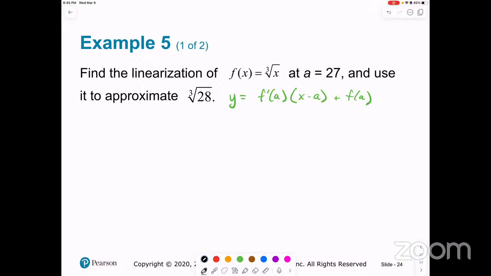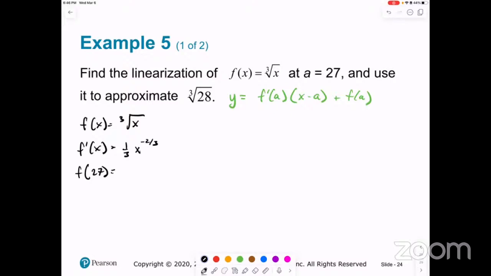Let's start off with f. We're given f of x, so I'll just write a copy of it, the cube root of x. Let's go ahead and find f prime of x. So the 1/3 comes down, x to the negative 2/3. Let's look at f of a. Now our a is 27, so let's look at f of 27.